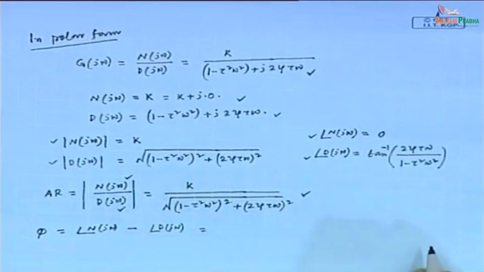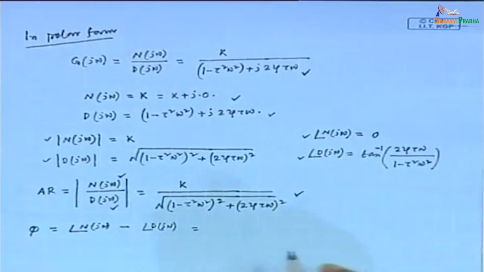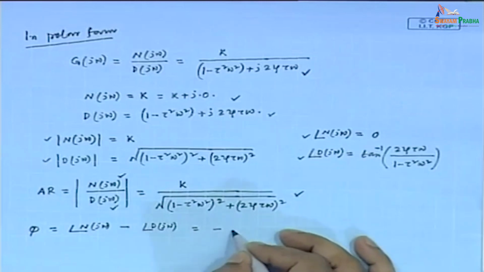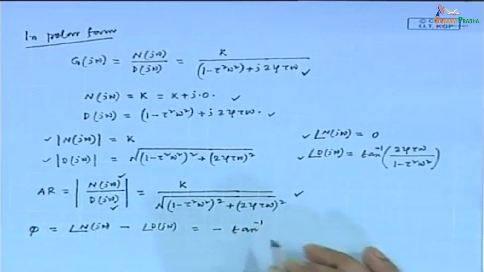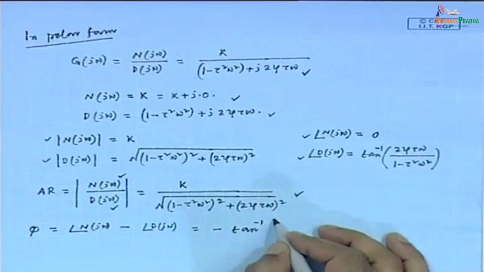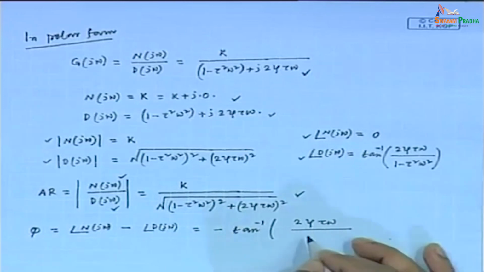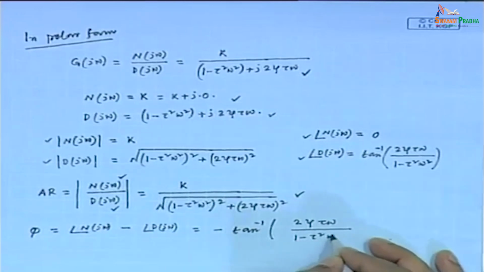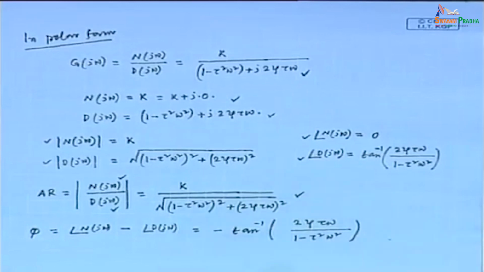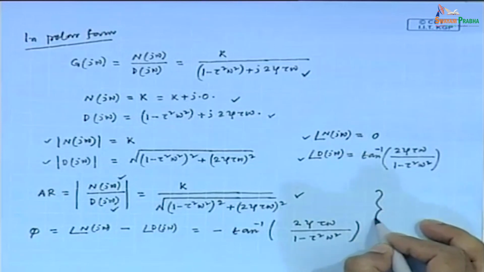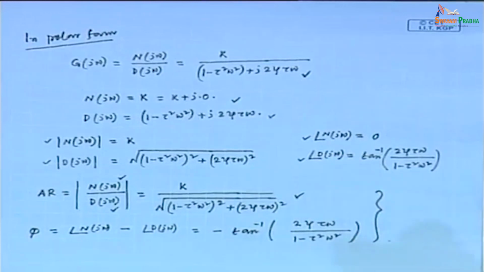If we substitute the individual arguments, then we obtain minus tan inverse of 2ζτω divided by 1 minus τ² ω². Fine. So, these are the two expressions for amplitude ratio and phi. Similar expressions we obtained representing the frequency response transfer function in Cartesian form.